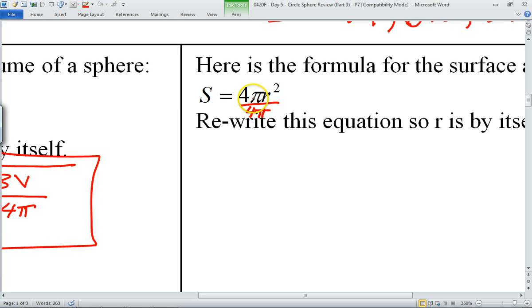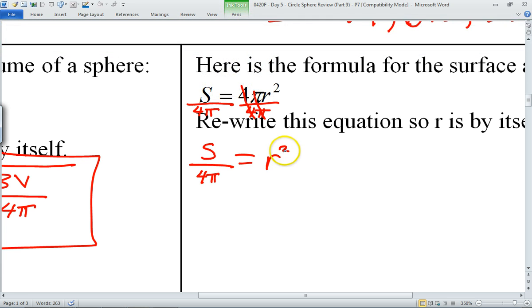It's got 4 pi with it, so I want to divide by 4 pi. That way the 4 pi cancels out, and I have r squared equals s over 4 pi. Okay? Braxton, what will I do now, my friend?